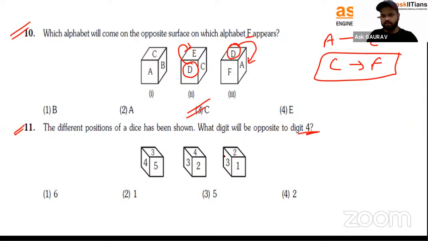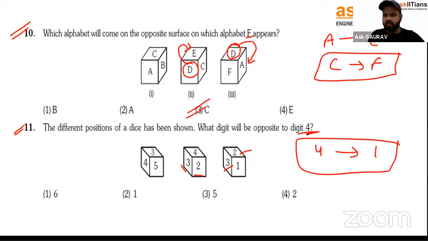This is very easy. See, 3 and 2 are common here. What is left? 4 is left. So 4 will be opposite to 1. That's it. Which is opposite to 4? 1. Second option. Is that right? Is that clear?